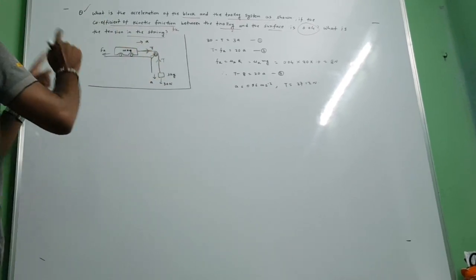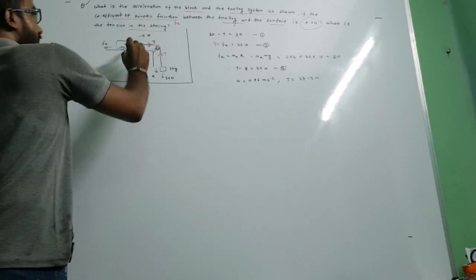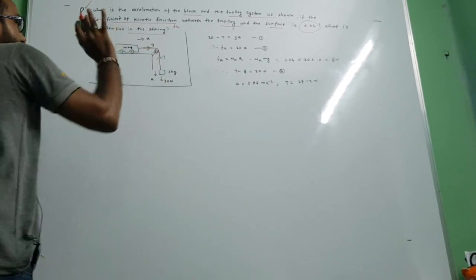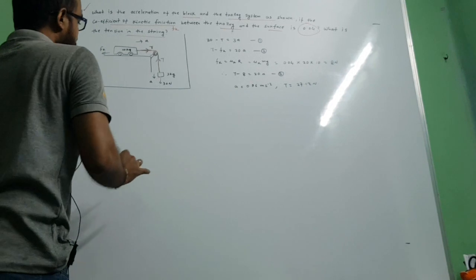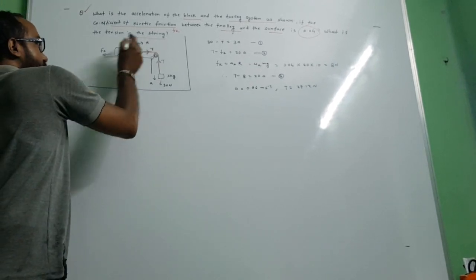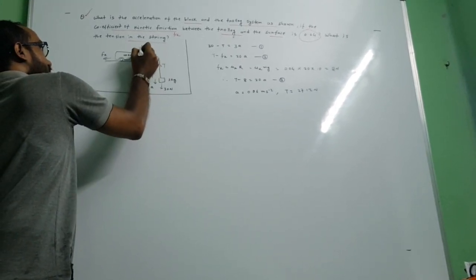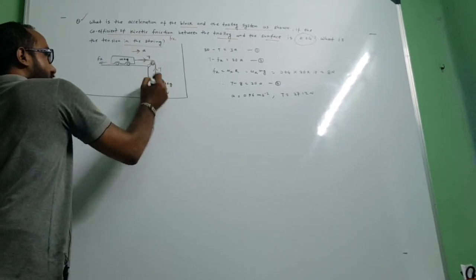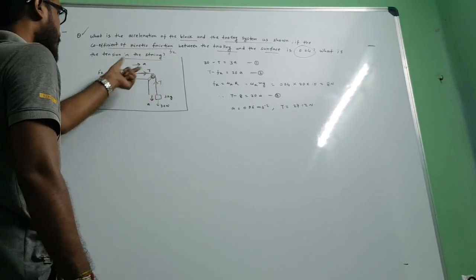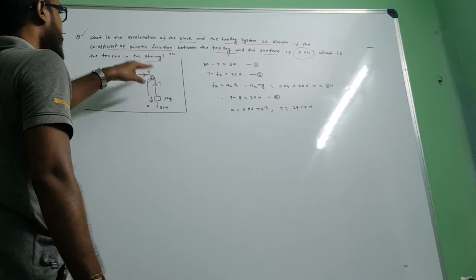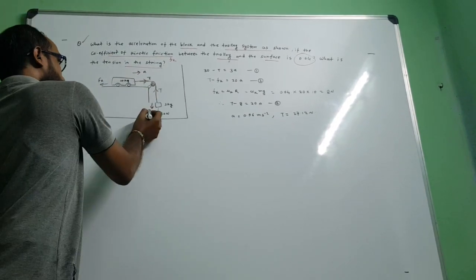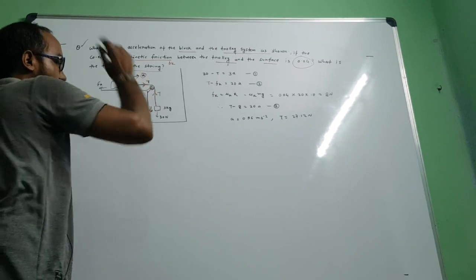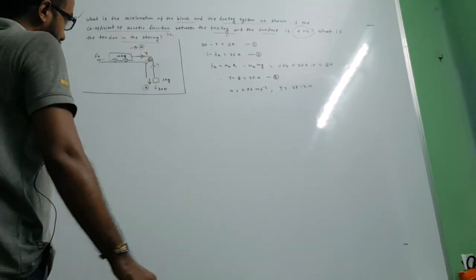Tension is always towards the pulley, that is the first point. If the wire is the same, tension would be the same, that is the second point you have to remember. Now see, the object is moving to the right and this object is moving downward. As the objects are connected with the same wire, the acceleration will also be the same. That is the third point you have to remember.